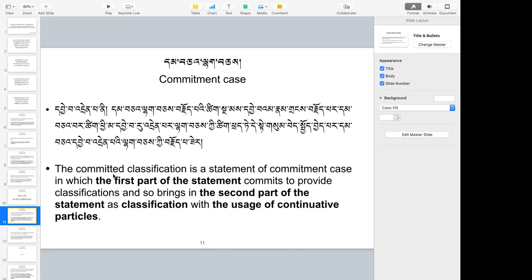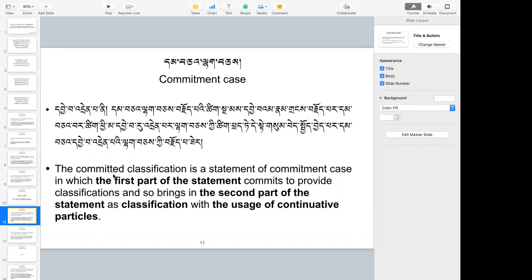So this type of statement is a statement of commitment case because the first part of the statement is committing to provide something. So it's a commitment case in which the first part of the statement commits to provide classification.